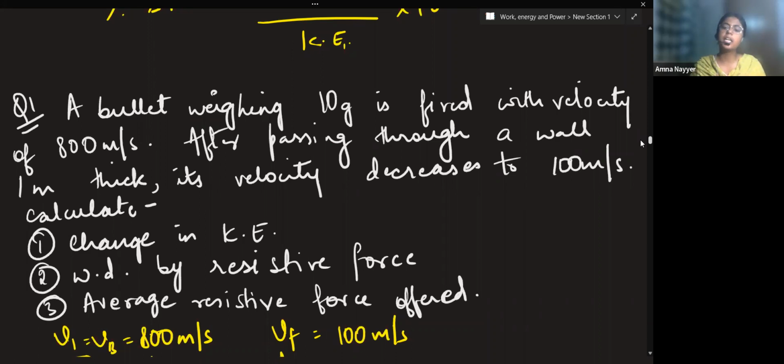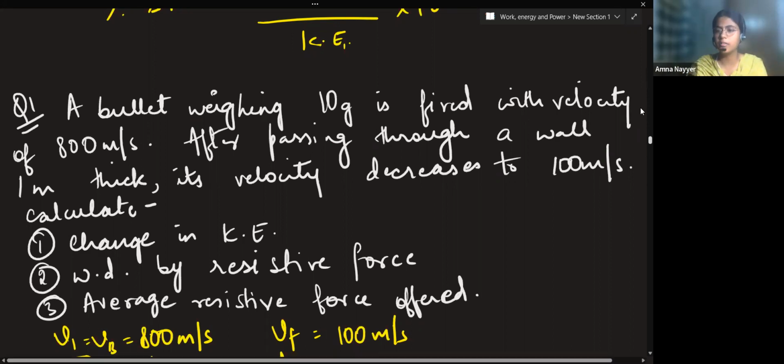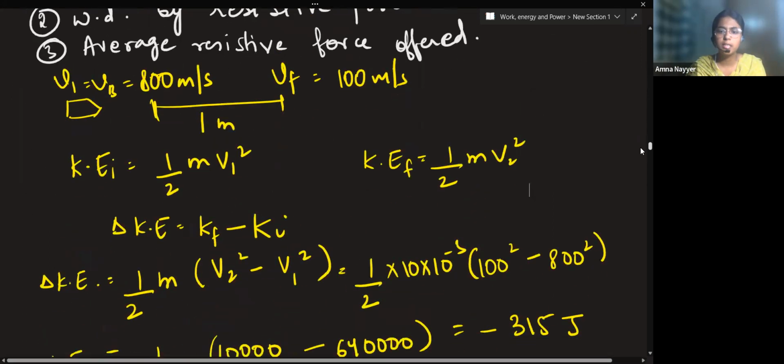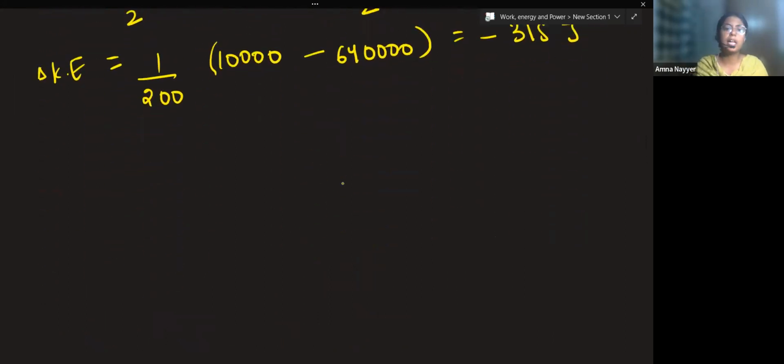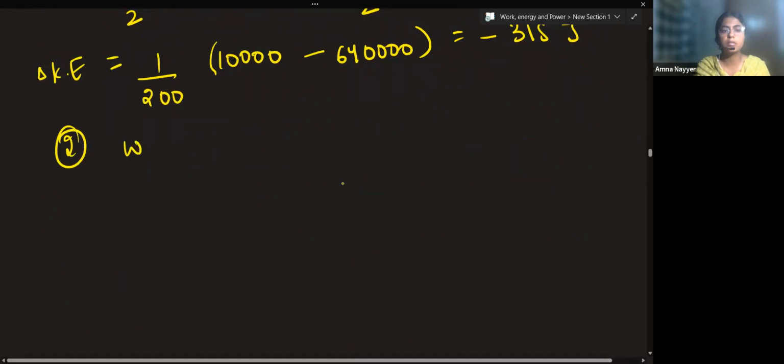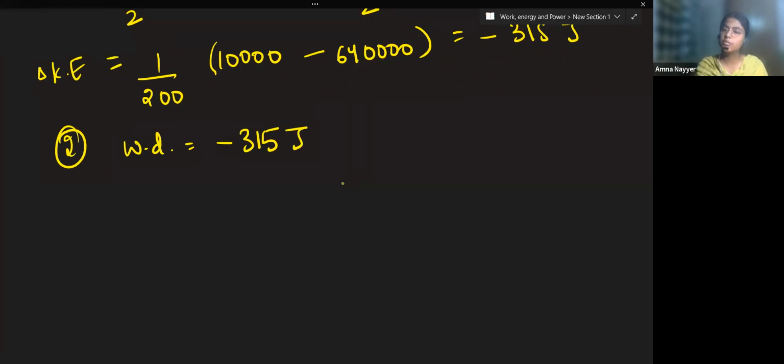Class, work energy theorem said that whatever is the change in kinetic energy is equal to work done. So I have calculated change in kinetic energy from the first part. Work done will be this only, minus 315 joules. So in the second part also, I need not calculate anything. This is because of the work energy theorem.